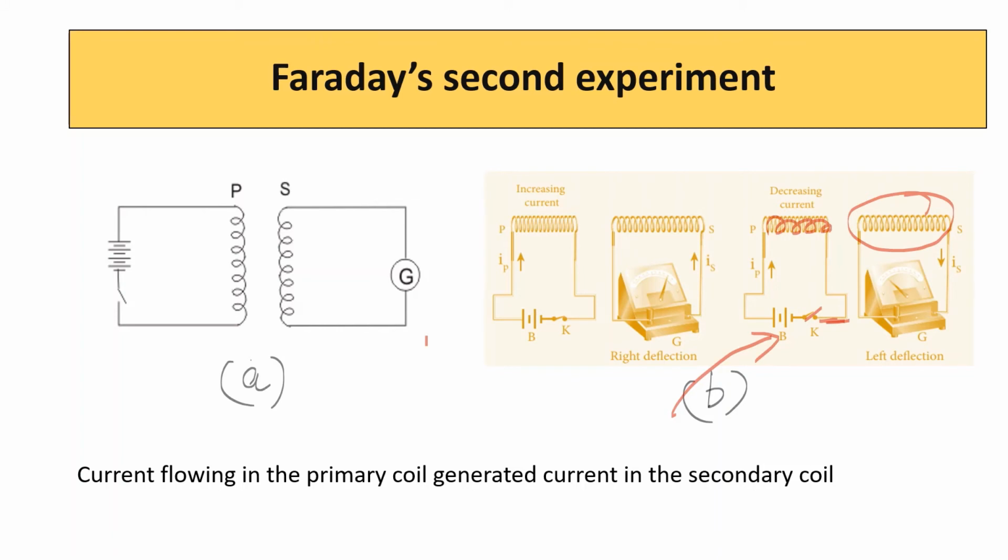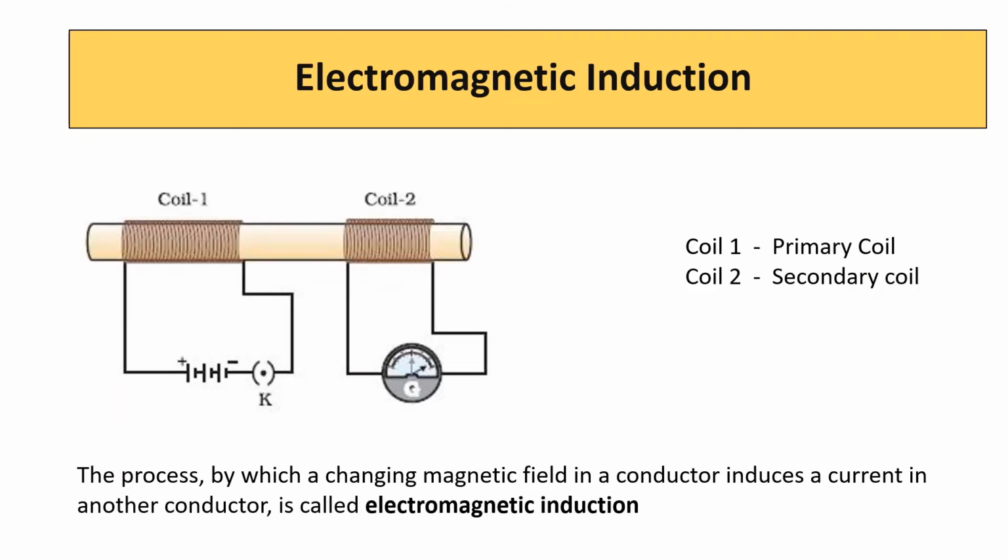This effect is just the same as pulling a magnet quickly out of the coil. So an induced current flows in this coil but in the opposite direction. When the switch is closed, the deflection was towards right, and when the switch is open, the deflection was towards left.